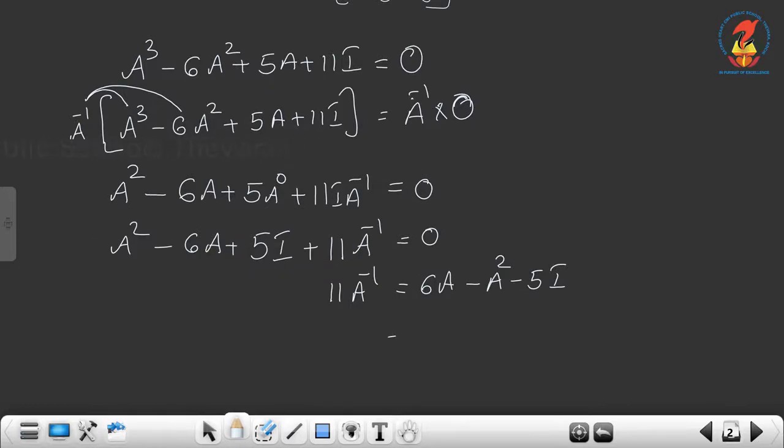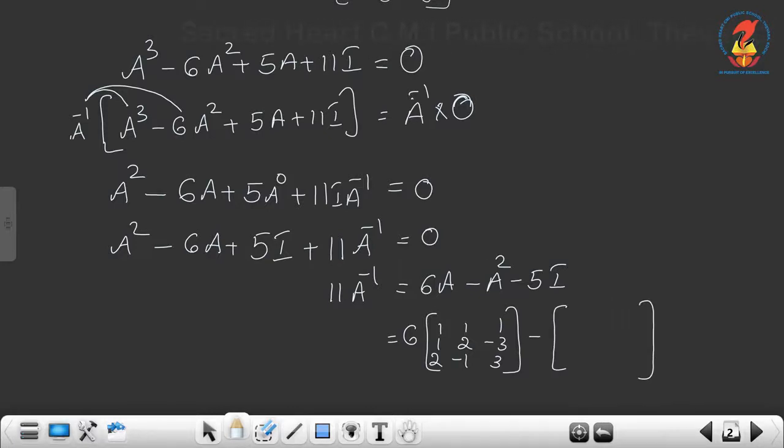Now give the value of A. A means the matrix 1 1 1, 1 2 minus 3, and the last row is 2 minus 1 3, and minus A square. What is A square?